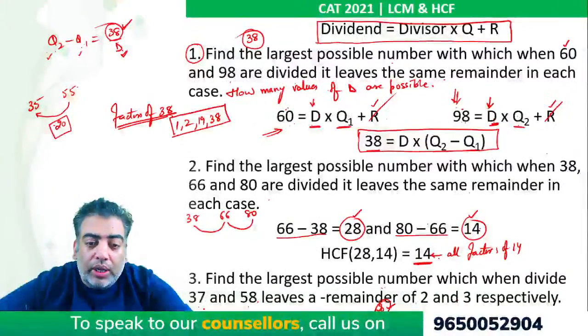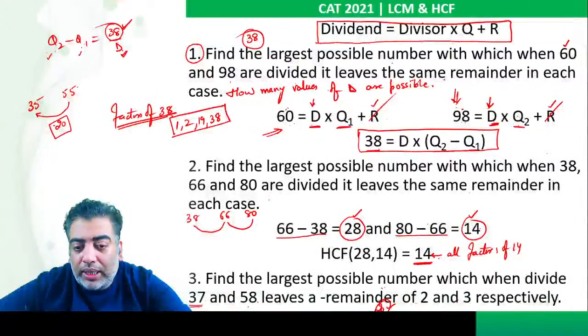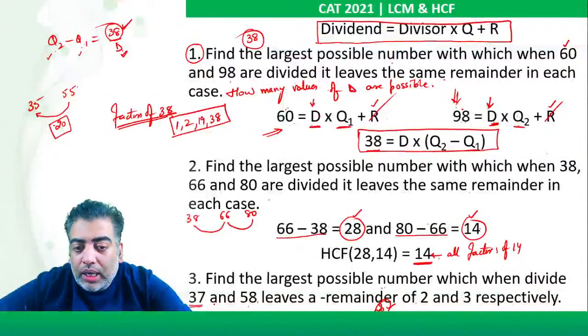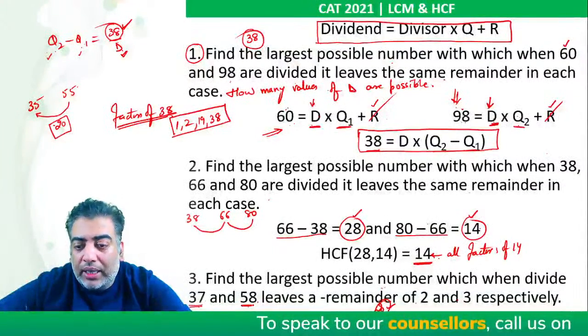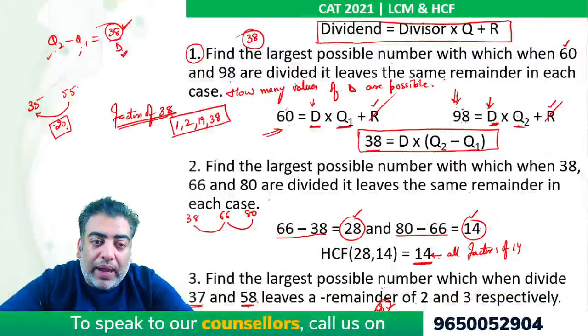So if I divide 37 by 20, are we getting 2 as a remainder? Answer is no. If we divide 58 by 20, are we getting 3 as a remainder? Answer is no. So what will you do in this case? Then the value will be a factor of 20 only.